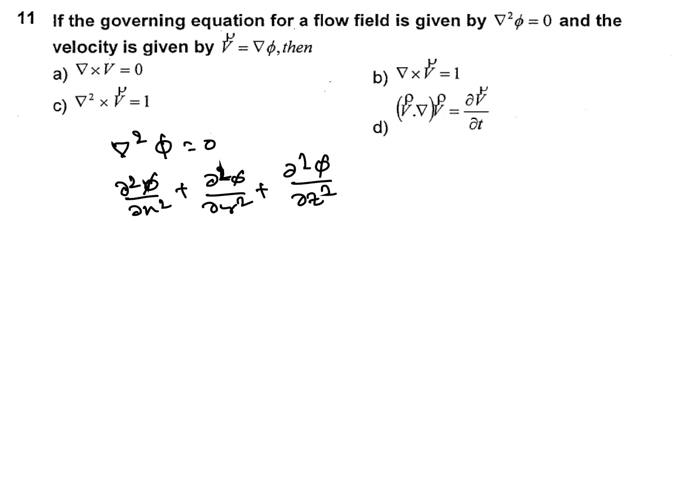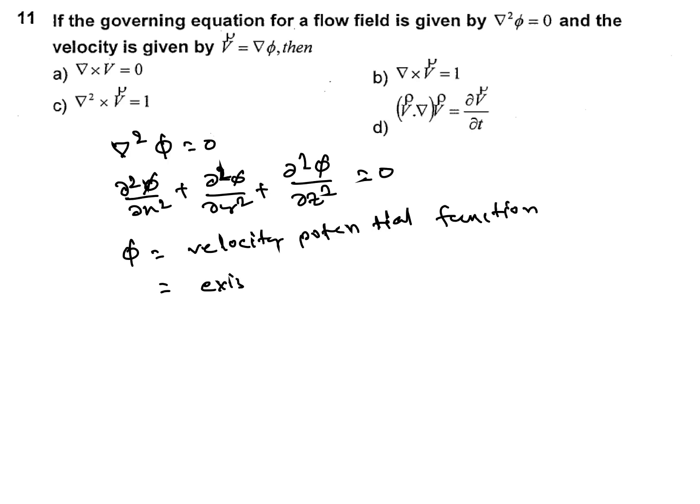And we know phi is velocity potential, and velocity potential exists only for irrotational flow. This is also very important.